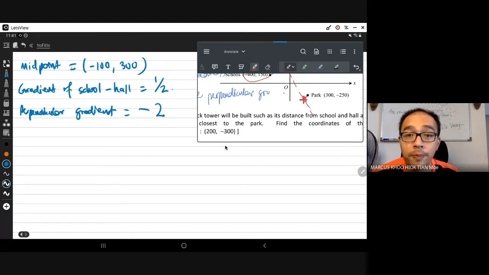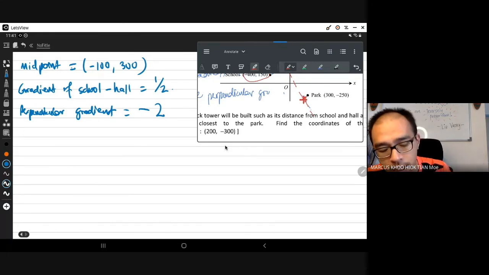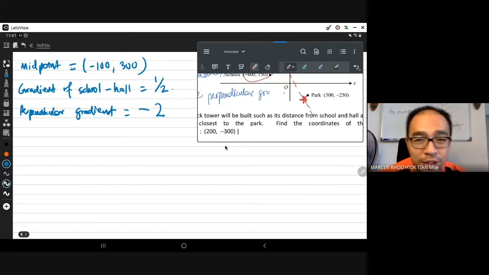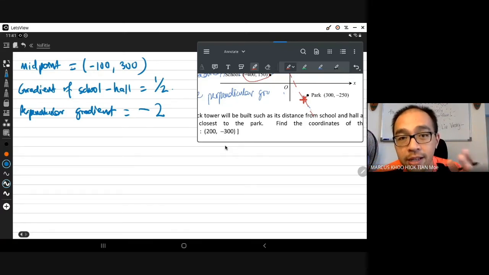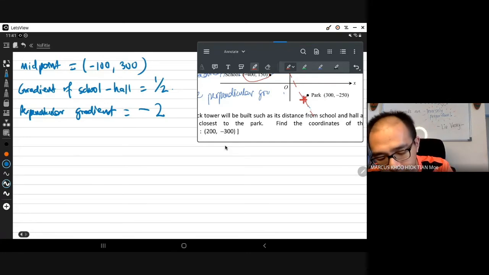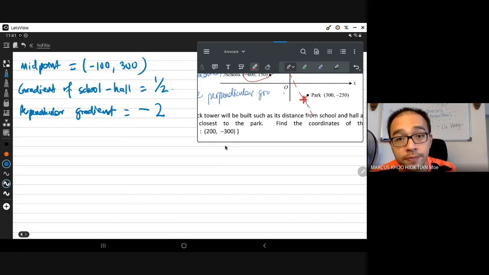So I have to find the equation that connects the park to the clock tower.